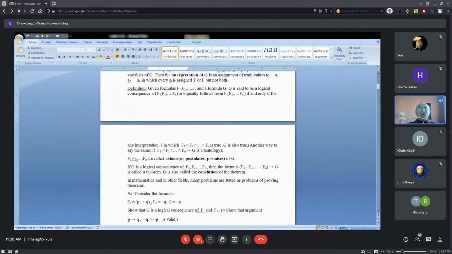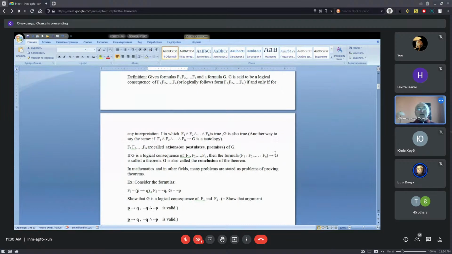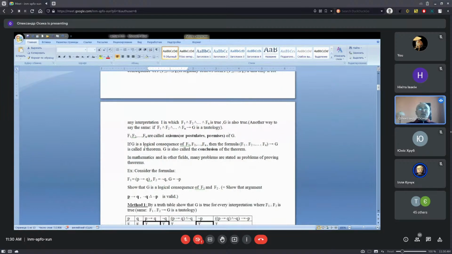F sub 1, F sub 2, F sub n are called axioms, or postulates, or premises of G. If G is a logical consequence of f sub 1, f sub 2, f sub n, then the formula f1 and f2 and so on fn implies G is called a theorem.